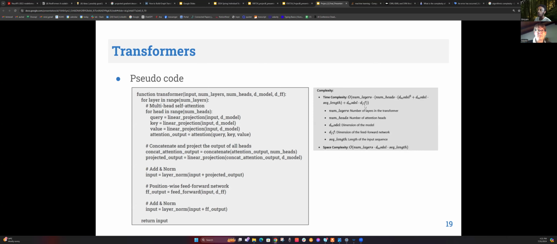And the pseudocode for transformers is basically an extension of the pseudocode for attention layers or self-attention. We just have to scale the earlier complexity by the number of attention layers. And this is usually a constant number, so we still get the same amount of complexity as the self-attention or attention layer.